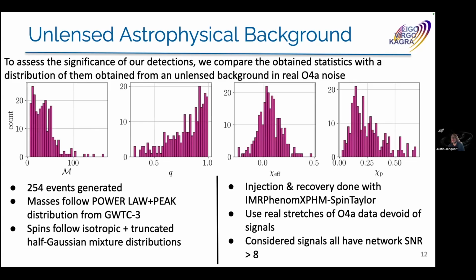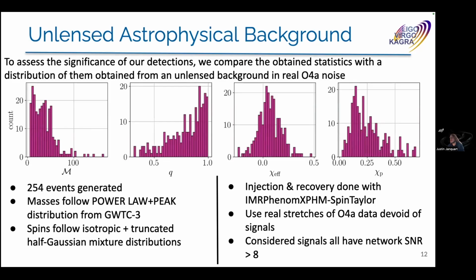And so for this O4a analysis, we make such a background by having 254 events that are generated. Their masses and spins follow the most up-to-date results prior to observation. So they follow the power law plus peak distribution from GWTC-3 and the spin distributions found in GWTC-3.